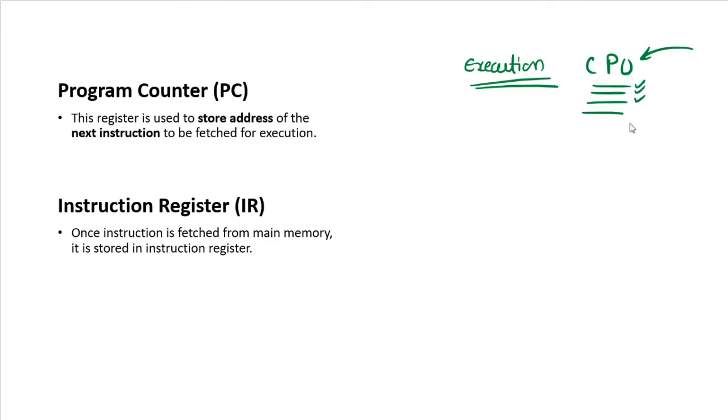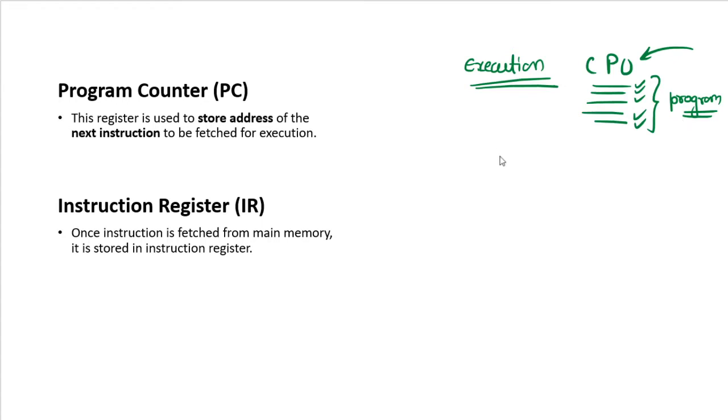When all the instructions have been executed, we say that the program has been executed. This is how the execution of any program happens.